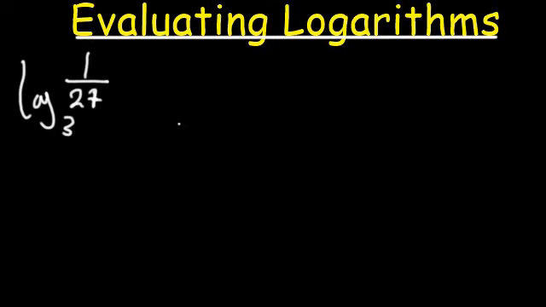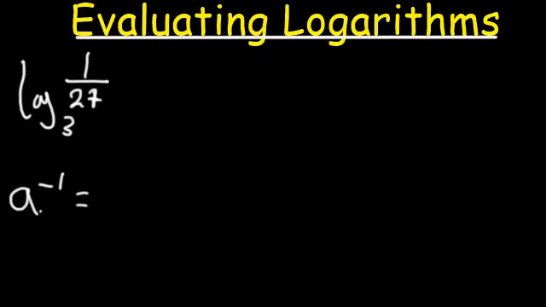What you want to do is be familiar with some basic rules and laws of indices. I've created a video on that. You can check out my playlist, and I'm going to leave the link in the description of this video for easier finding. There is a law known as the negative law in indices, or the inverse law.